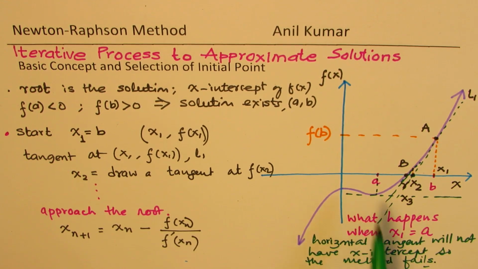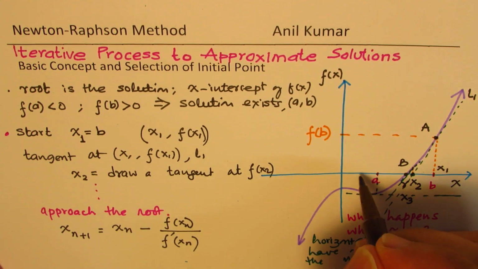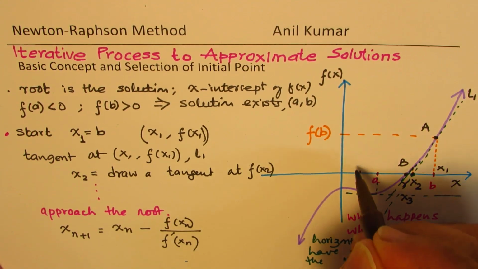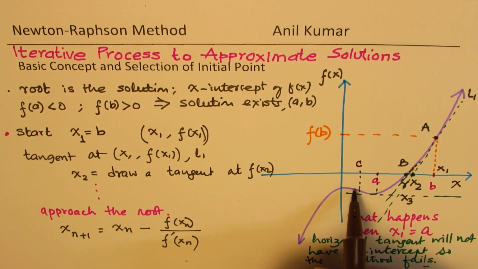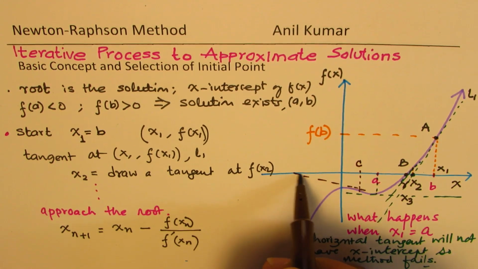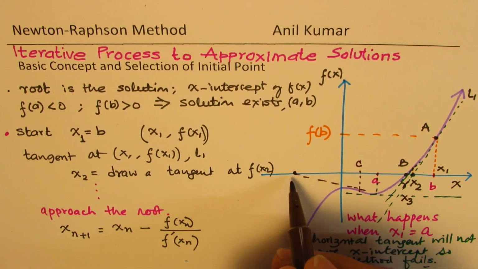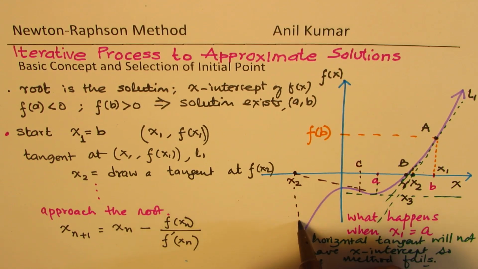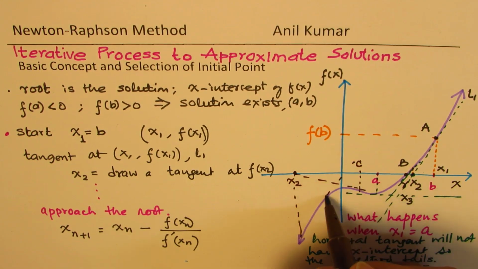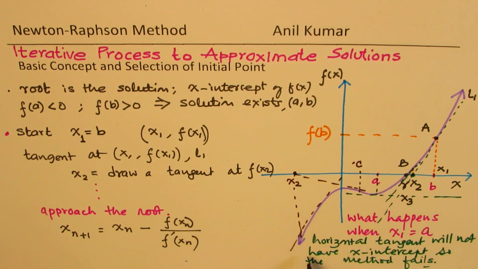Perfect. Now, there are situations when you can select a wrong point. For example, if I choose a point which is, let's say here, point C. Now in this case, for point C, the tangent is on this side, correct? So you get that as your second point, and that gives you a point which is farther away, correct?